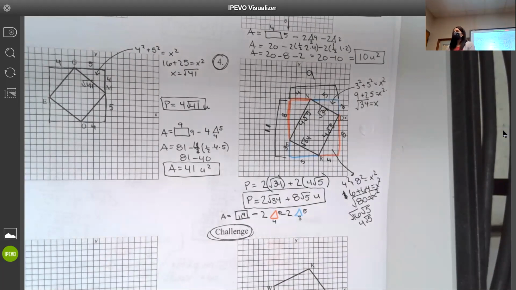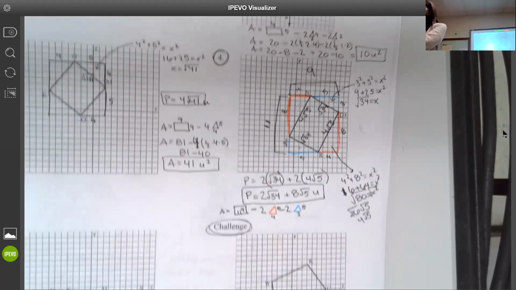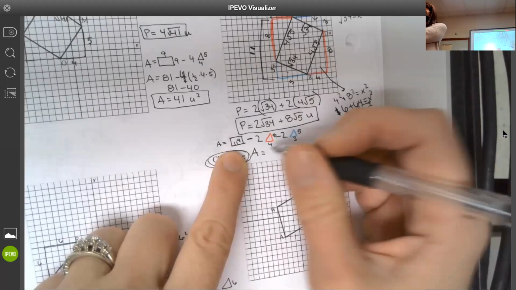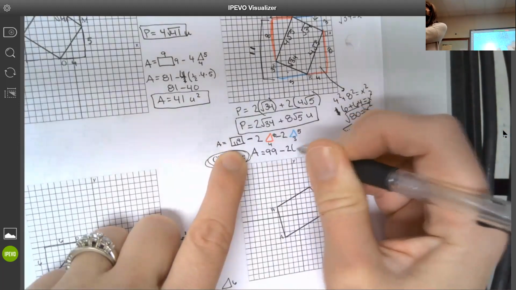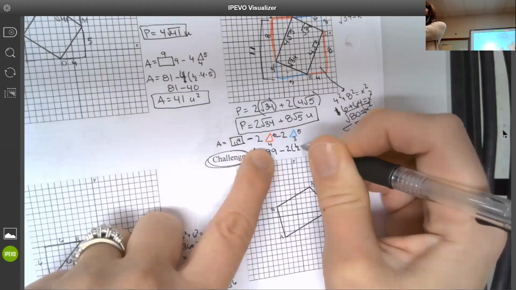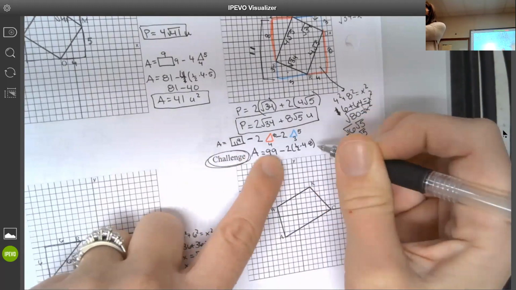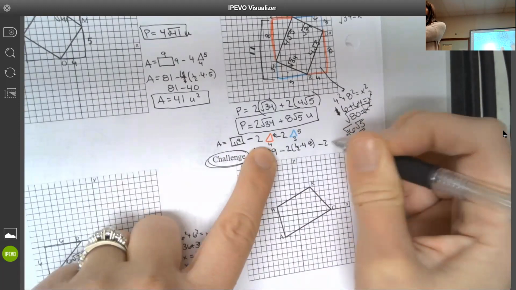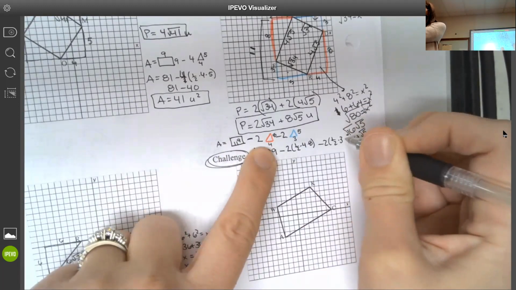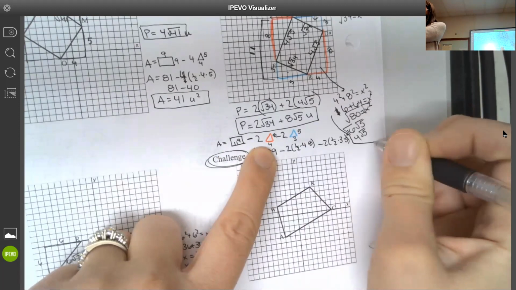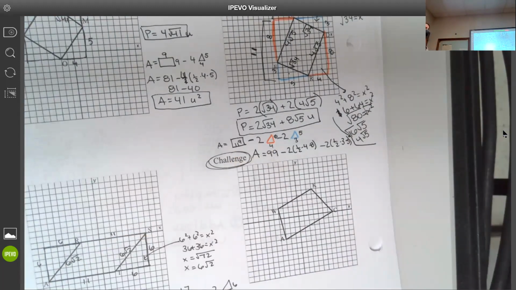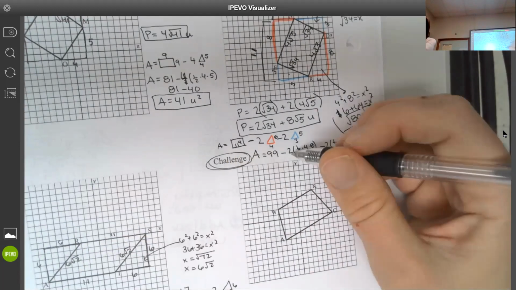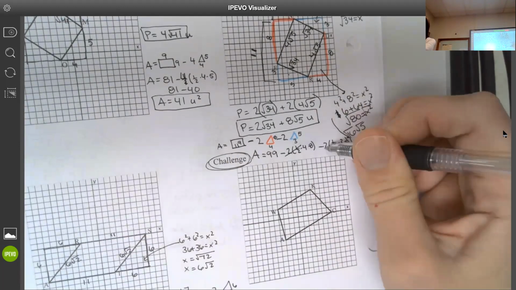So to find the area, all I needed to know is my area formulas. For my rectangle, it's just base times height. 11 times 9 is 99. For my triangles, it's 1/2 base times height, the 2 legs, minus 2 times 1/2 base times height. Anytime I have that doubling of my triangle, that's just going to get rid of the 1/2.